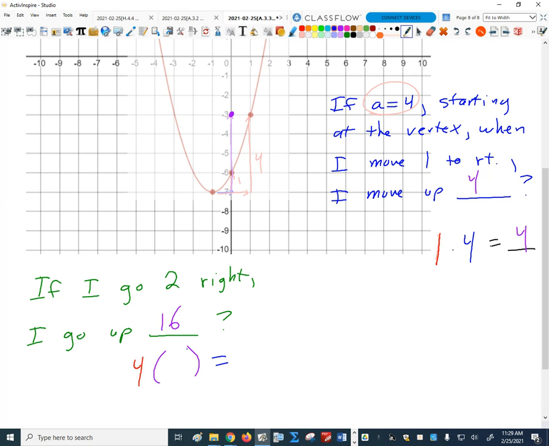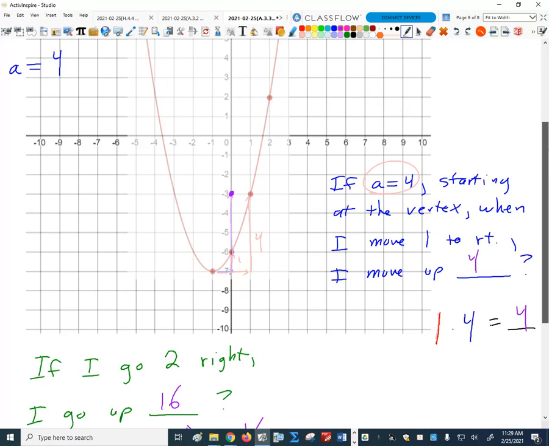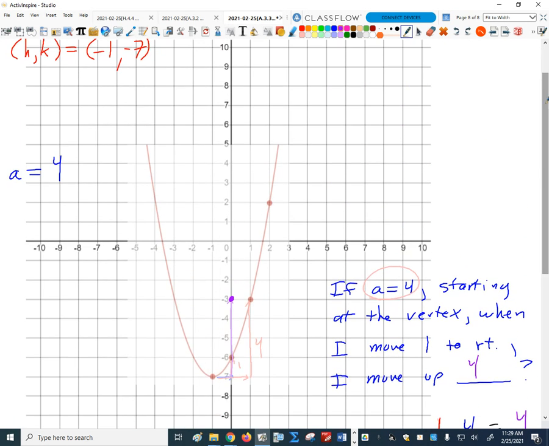I'm kind of particular about that. Right, so a is 4. If I multiply my normal height by a, which is 4, I get my stretched height of 16. Okay, so now I should go over 4 and up 4, 8, 12, 16 right there.